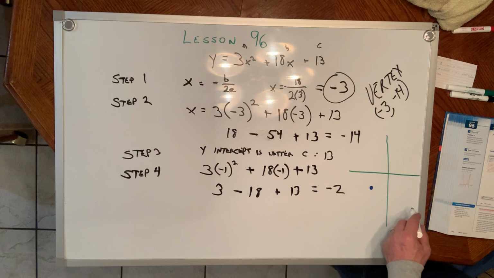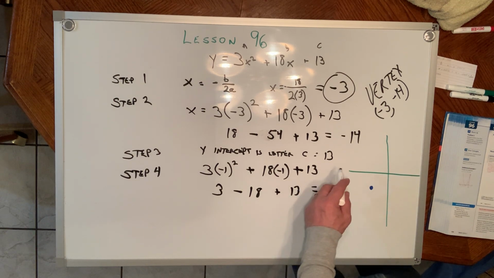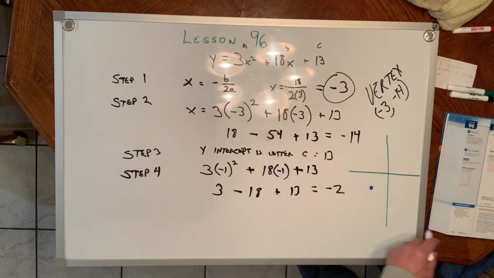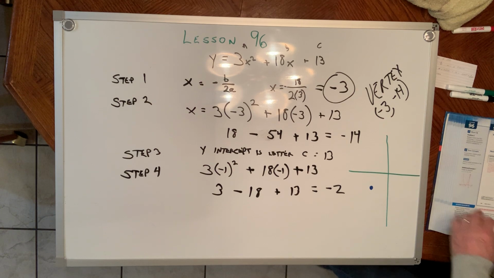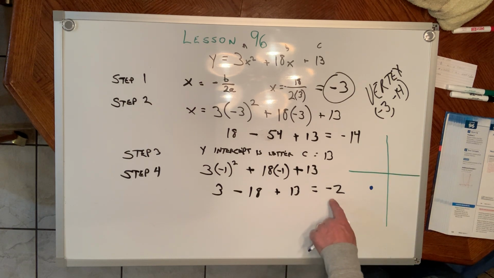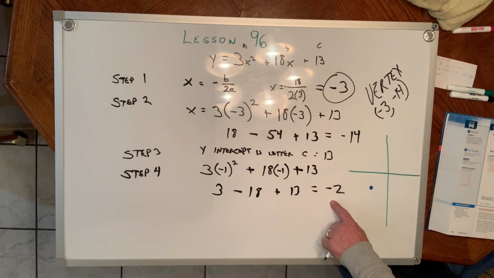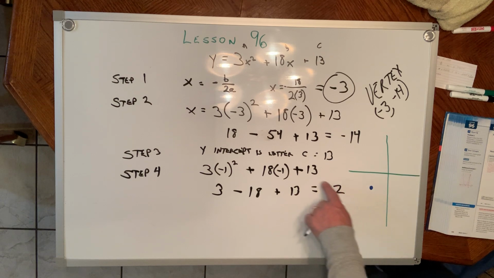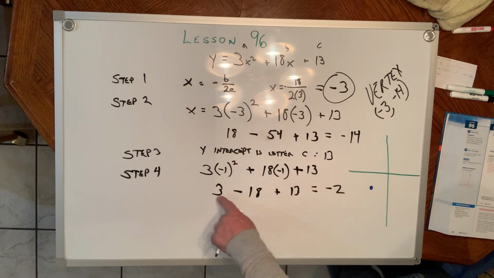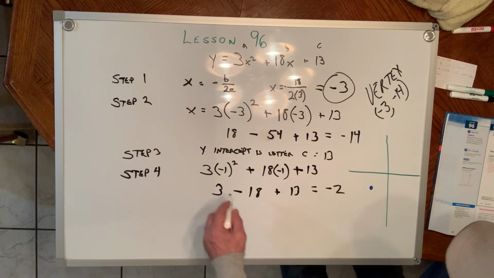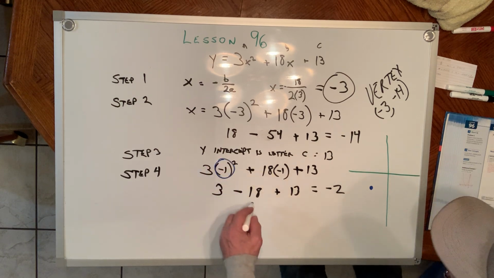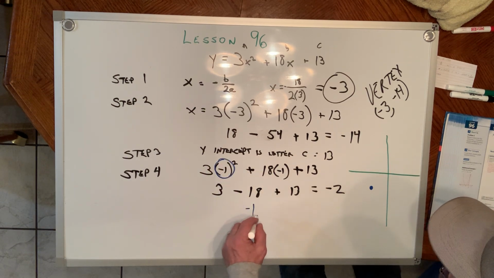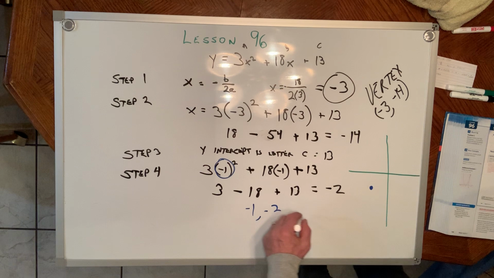What did we come up with here? We had -1, -2, right? Because we chose x equals -1, so we end up with a crossing point of -1, -2.